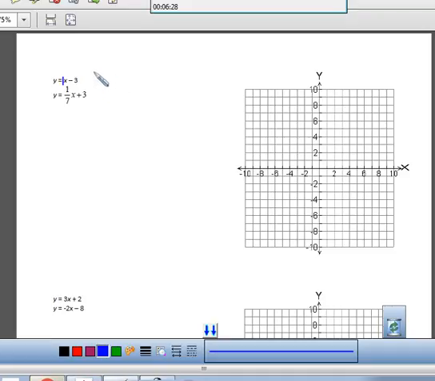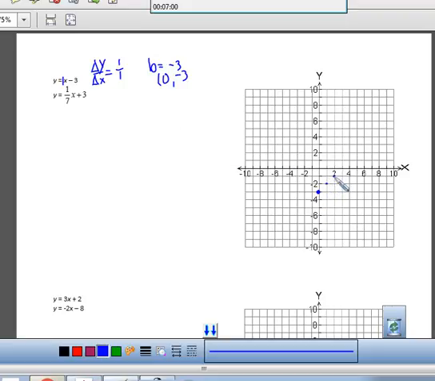So my slope, change in y over change in x, is 1 over 1, or negative 1 over negative 1. My b is negative 3. So that means my point is 0, negative 3. So one line has a point at 0, negative 3, and it goes up 1 over 1.